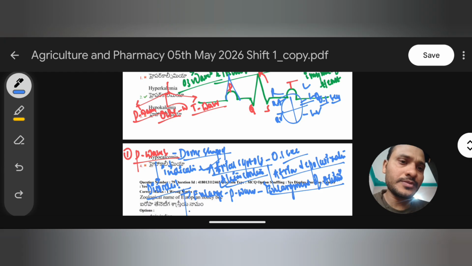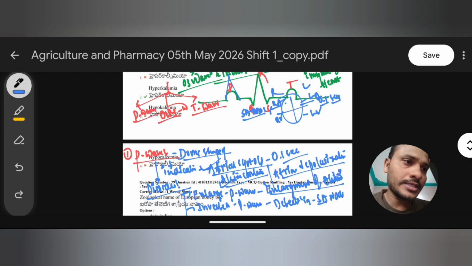If the P waves become inverted P waves, this indicates a defect in the SA node, sinoatrial node. We know that in the right atrium, at the right side corner of the right atrium, we have the SA node, the sinoatrial node. It acts as a pacemaker, because the impulses generate from here only.